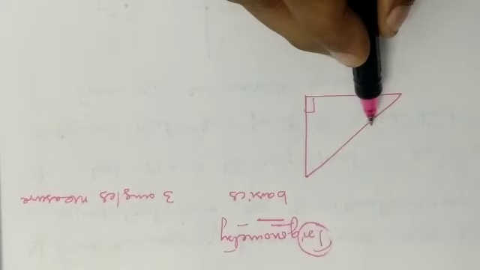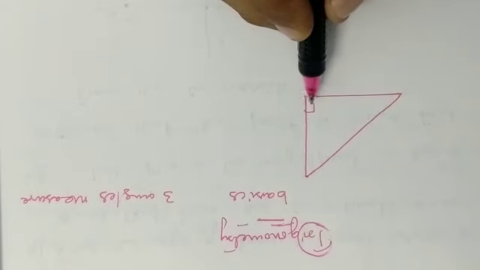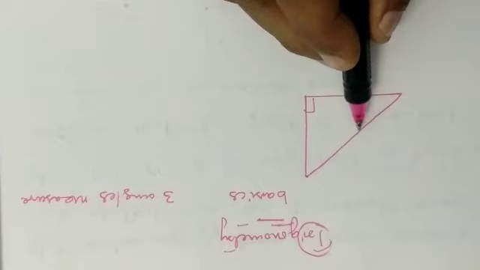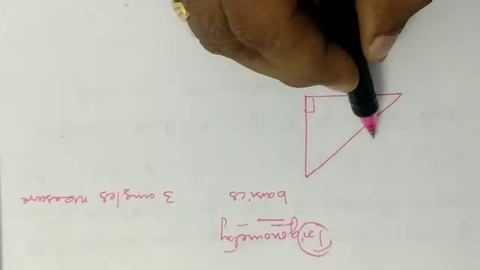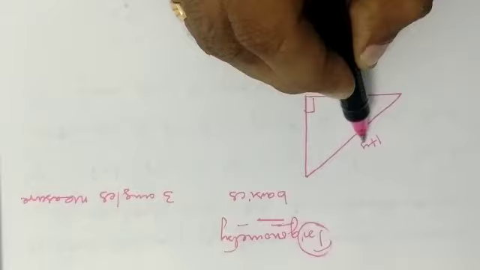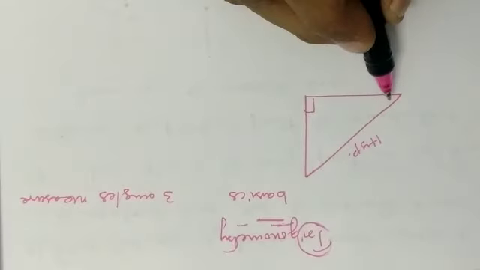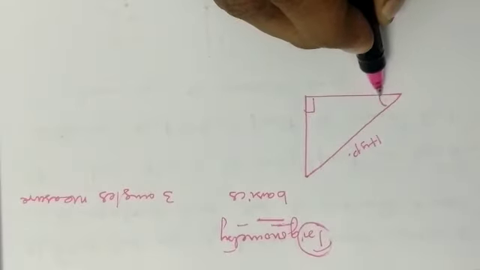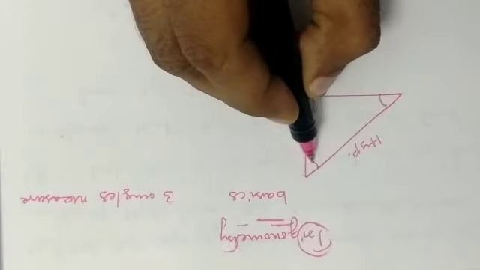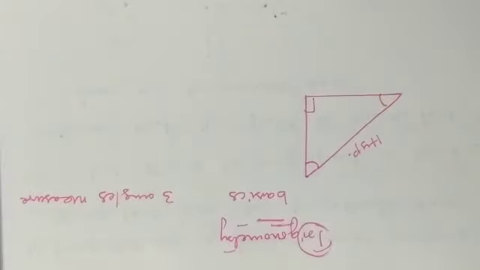The largest side, opposite to 90 degrees, is the hypotenuse. And we know the sum of 3 angles in a triangle is 180 degrees.